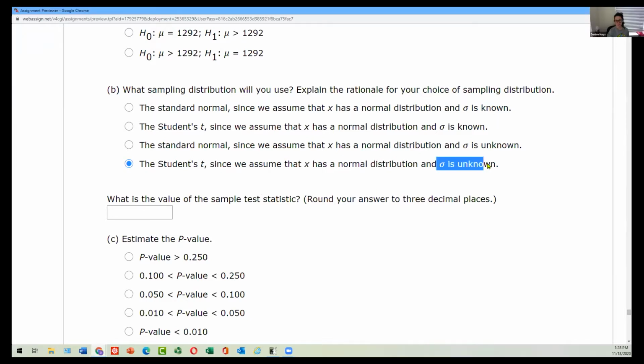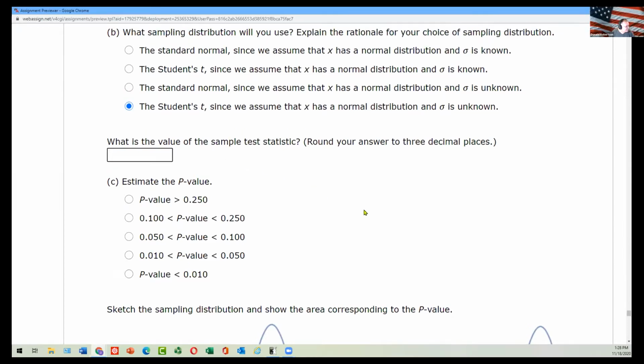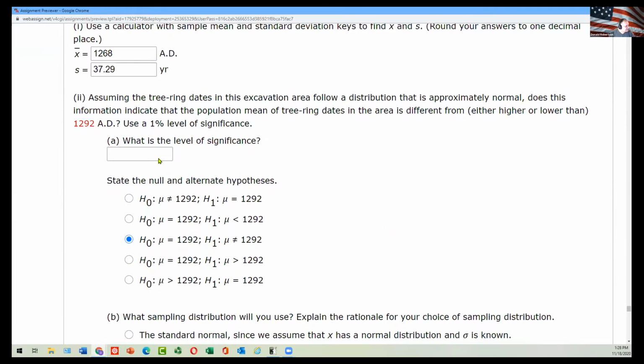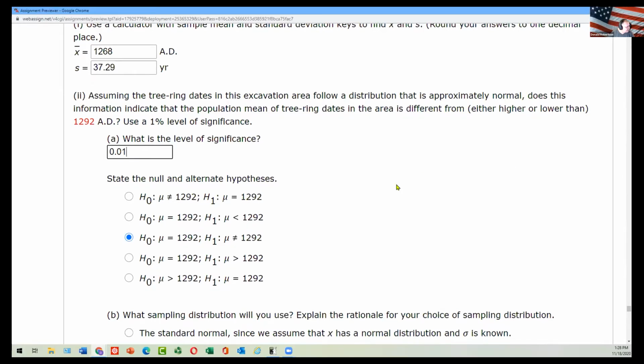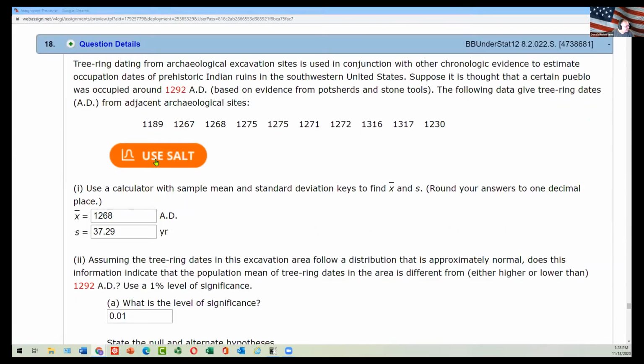Isn't that and that the two things that make it happen, right? Now, when it says, what's the volume of this test stick, the significance level is 1%, put that in. And let's do SALT then and get the T and P values.